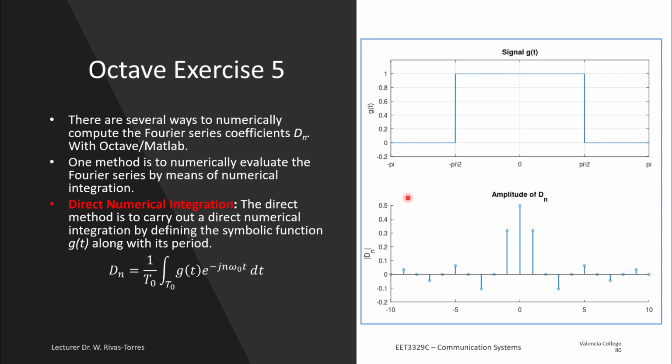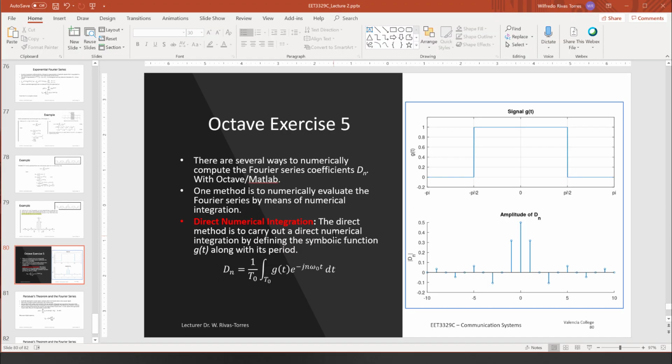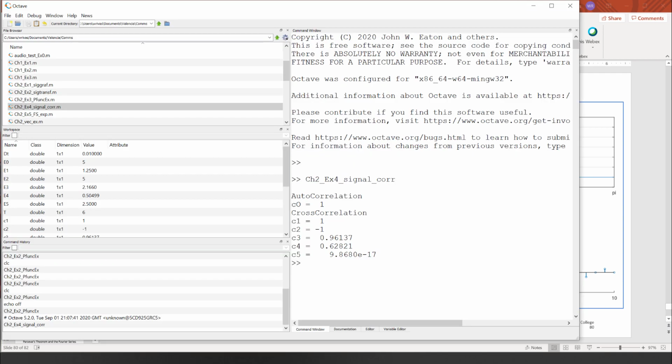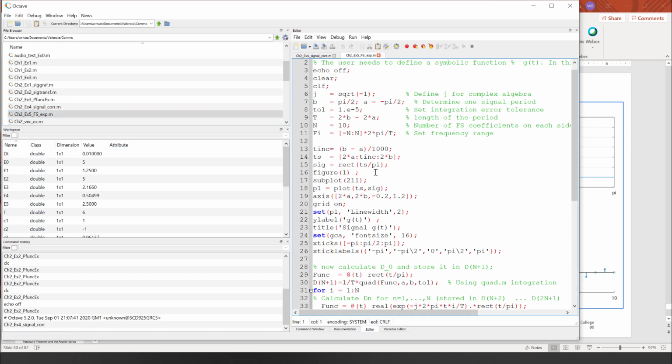Let's go ahead and look at this Octave example. So where is my Octave? Right here. Okay. For those of you in Canvas, this is chapter 2, exercise 5, the FS function of transfer Fourier. This is not really earth-shattering, and you can follow this.